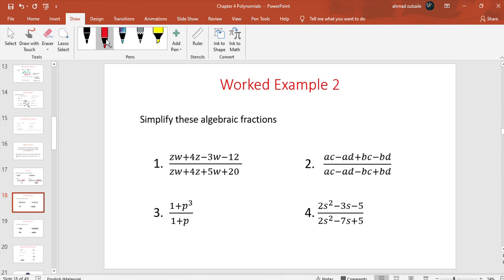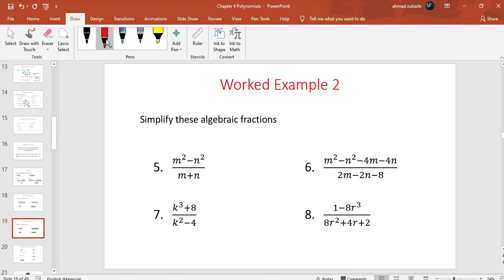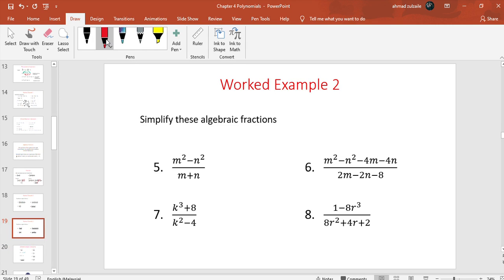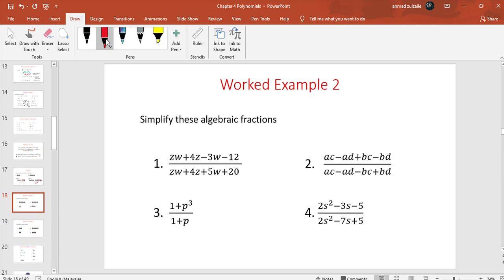So you can try worked example number 2. I have 8 questions altogether and here are the answers. You can try later. Remember, you can find the common factor, for example, number 1 here.